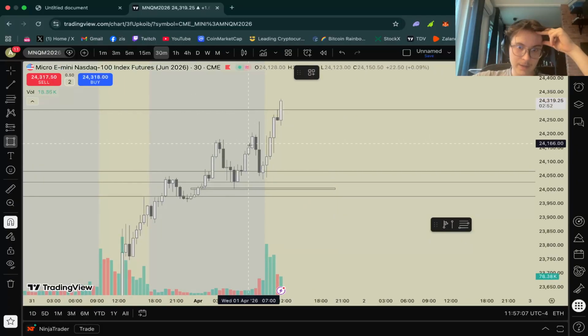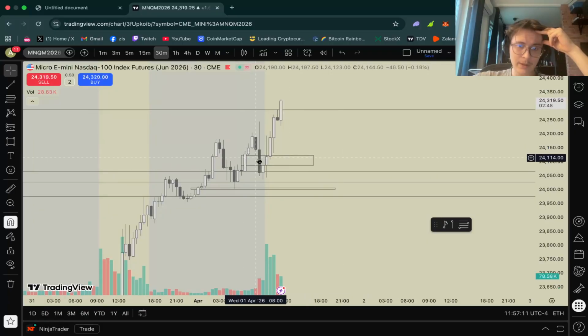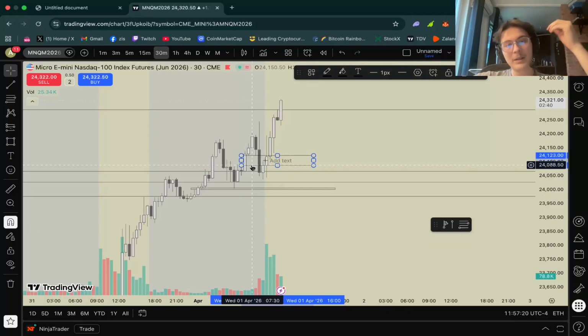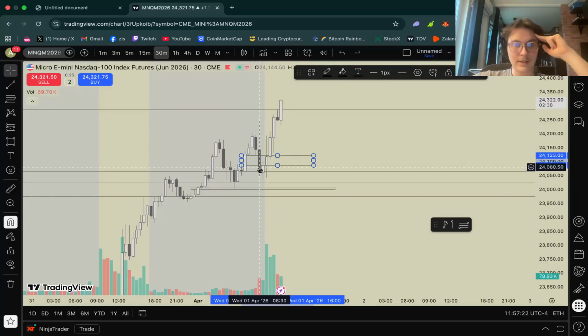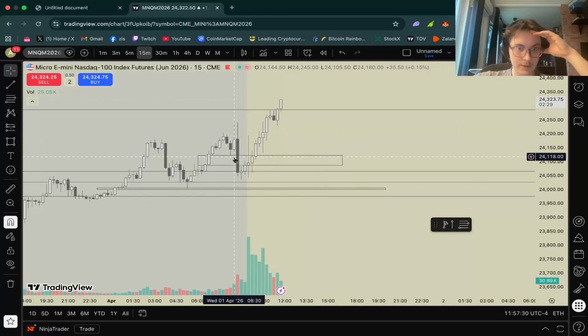On the 30-minute as well, we had a bullish gap here, which we inverted before market open, but then it started going back up, right? I was not knowing what to think about it. But in general, that doesn't change much for me because going down to the 15-minute, you could see this is the 9:30 candle, right?